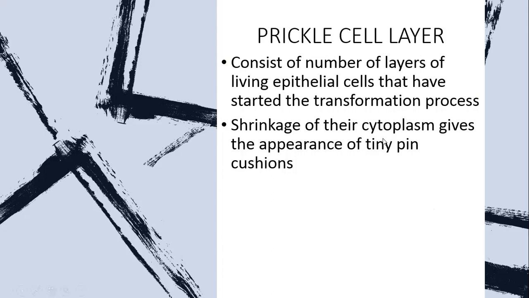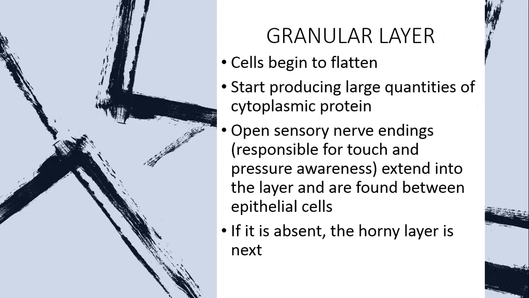Inside, the cytoplasm has shrunk, and this gives them the appearance of tiny pin cushions, like our grandmas used to have. I remember if you bought pins in a little holder, it had a foam or a sponge on top, and we used to stick the pins in there when they were sewing. So this is the ideal picture that you can have of the prickle cell layer.